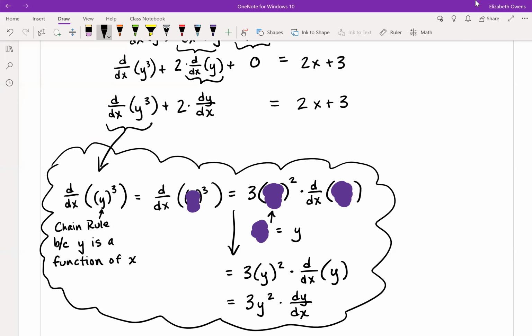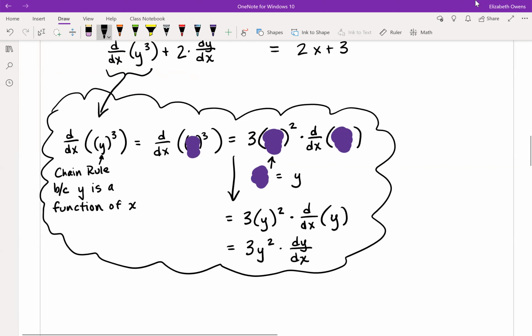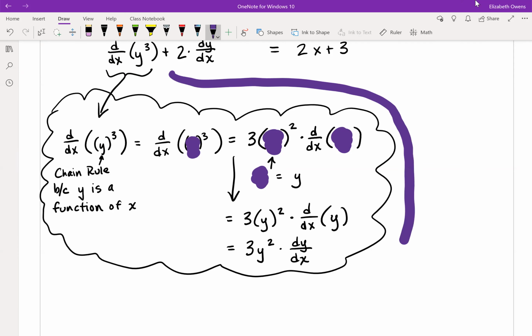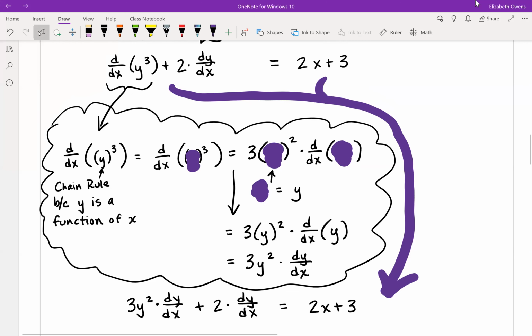Okay, and then for that derivative, finishing it up, we would go around the thought bubble, think our thoughts, and then we would have 3y squared times dy dx plus 2 times dy dx equals 2x plus 3. So I'm just rewriting this equation now, but with our derivative of y cubed in there.